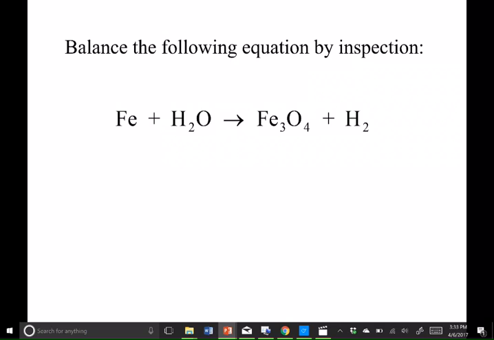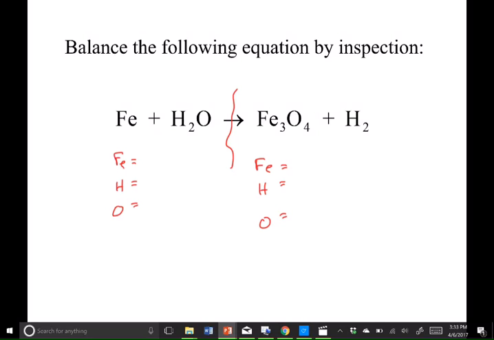So let's take a look at this. Now this is unbalanced, so let's see what we need to do to balance it. Let me go ahead and draw my famous brick wall. I'll put irons, hydrogens, and oxygens, and I usually write down how many there are with coefficients of 1 across the board.